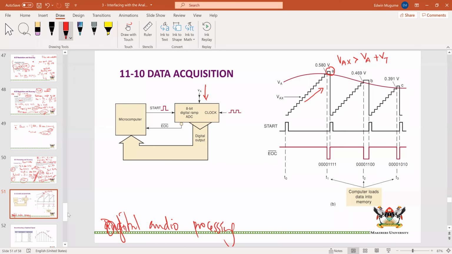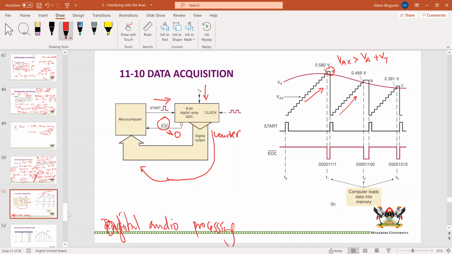The microcomputer notices that the EOC is now equivalent to 0, and it knows that the conversion has ended, and it will pick up the signal that is within the counter. Remember, there is a counter in here. That digital equivalent will be stored in the microcomputer, and then the microcomputer will give another start signal so that the digital ramp starts to convert the next sample.